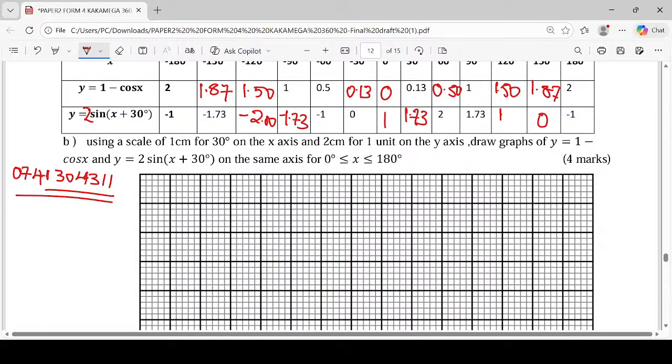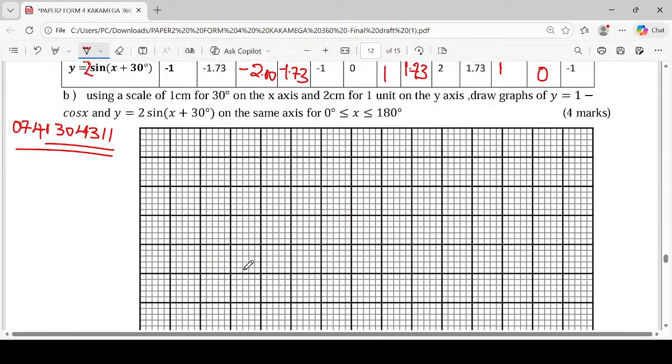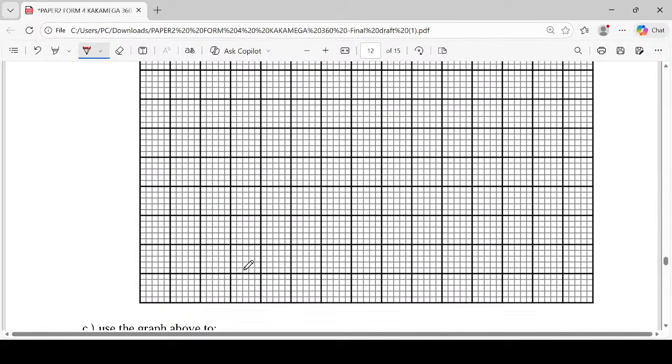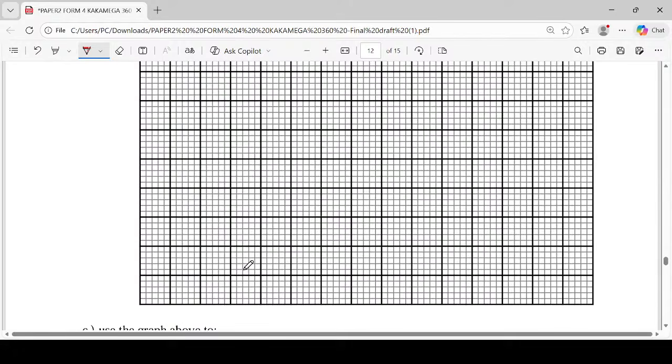We proceed. So now we want to draw the graphs. We need to be very, very keen when drawing this graph. I want to use this point this way.